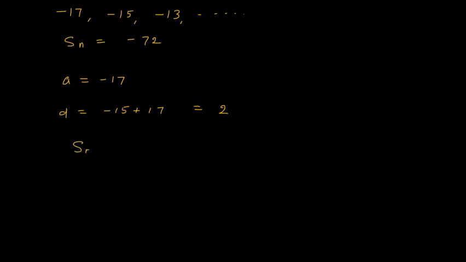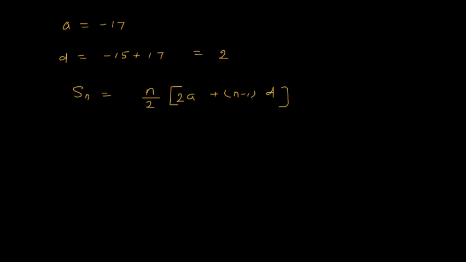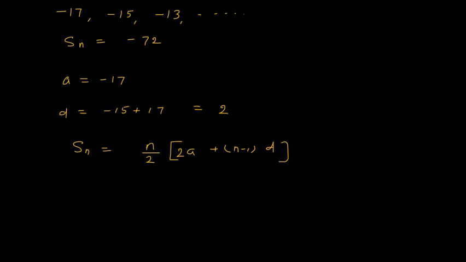So the formula for Sn is n divided by 2 in bracket 2a plus (n minus 1)d. Now how many terms, the value of n we have to find out. So let us write the value of Sn as minus 72. So I will say that minus 72 is equal to n divided by 2, 2 into minus 17 plus (n minus 1) into d, which is plus 2.